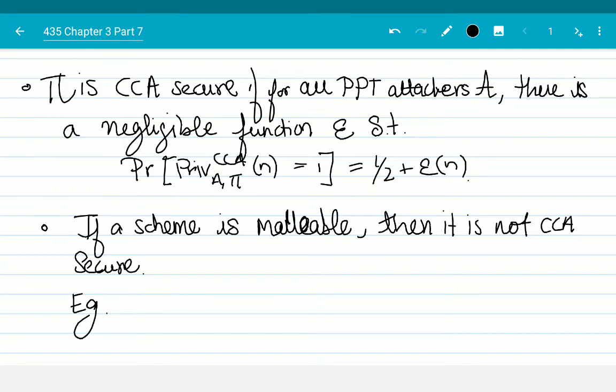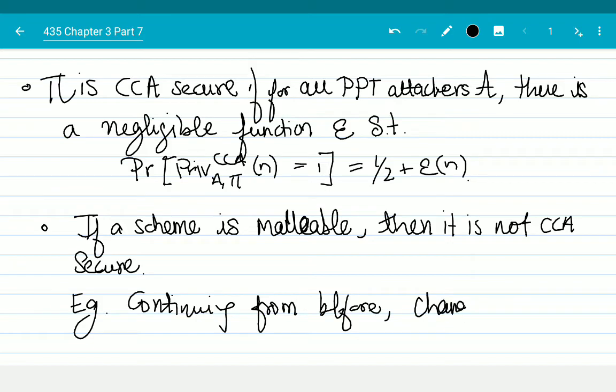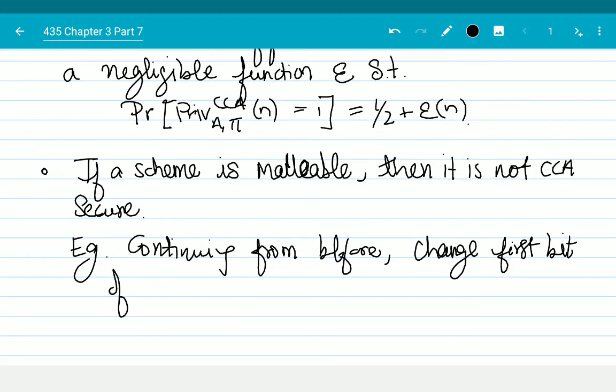Example, continuing from before, change the first bit of s and call it c prime equal to (r, s prime).